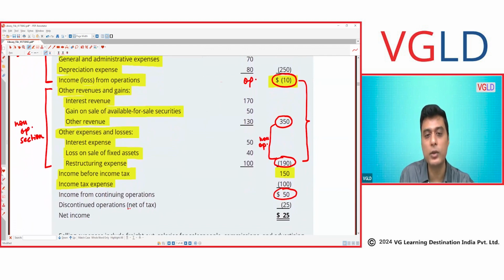That is why we show discontinued operations net of tax, because it is below the income tax line. So anything below the income tax line is all net of tax, right? This is also obviously net of tax because tax has been deducted, but we don't have to write it because it is obvious. But for discontinued operations, we have to write net of tax. And then net income obviously is net of tax.